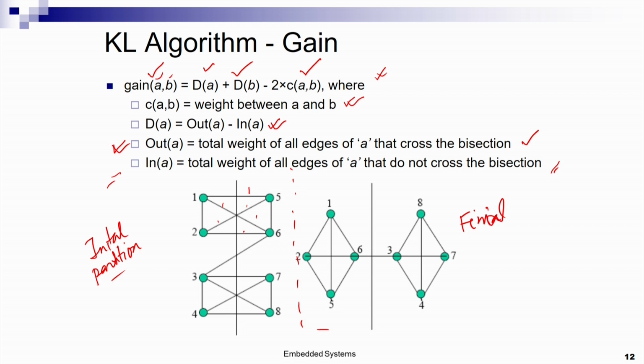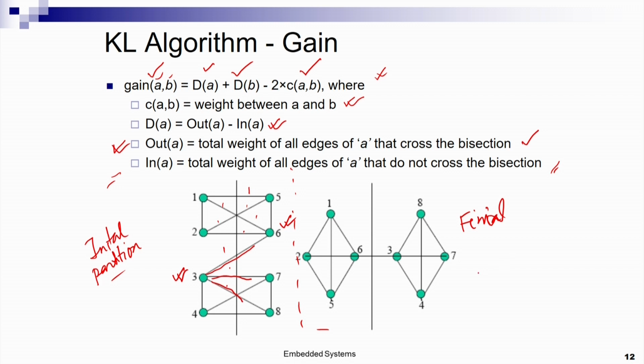Now, let us say we exchange node 3 and node 6. What will be the gain? All edges have weight 1. So, the number of edges out of 3, that means edges which cross the partition, is 1, 2 and 3.